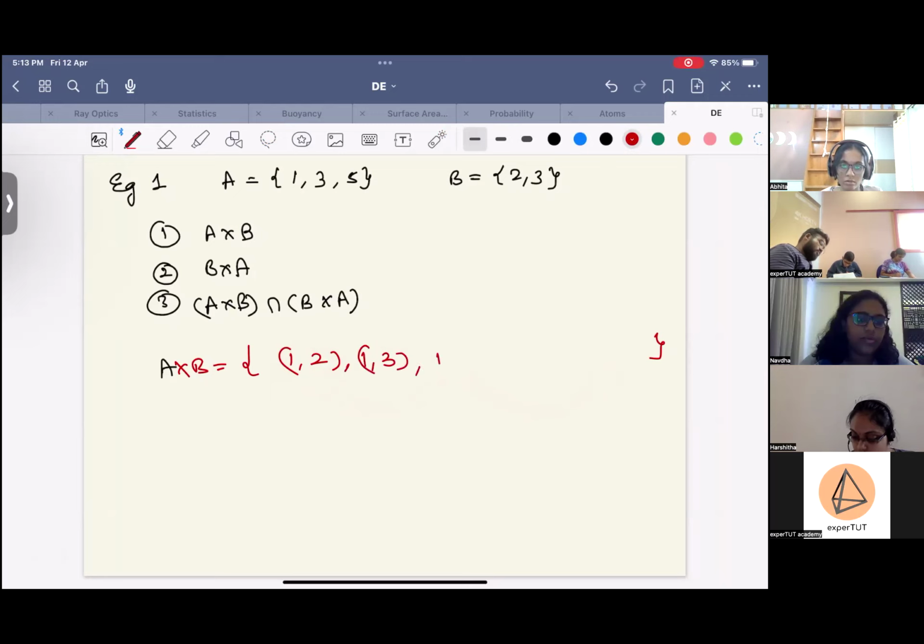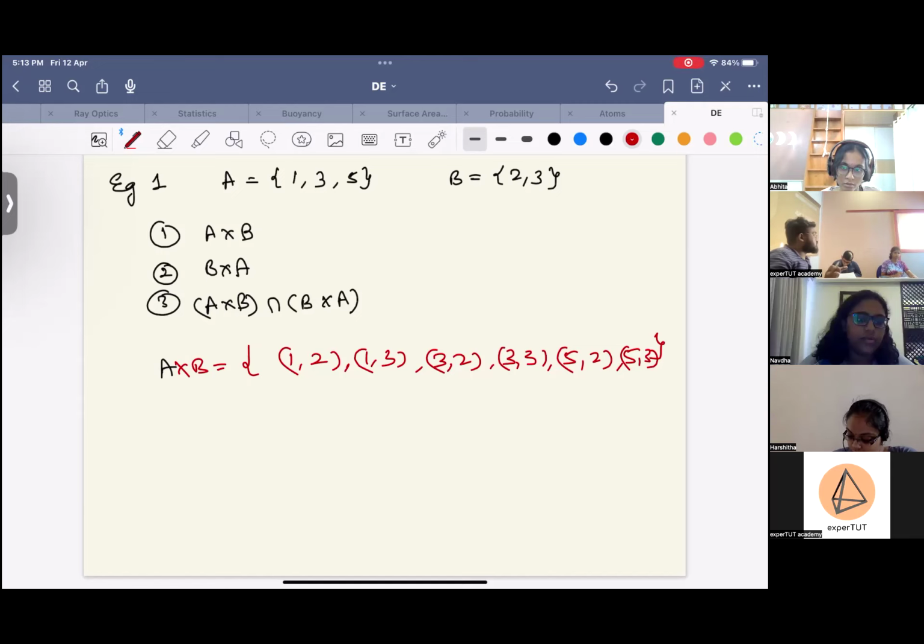1, 3, 1, 5. What am I writing, I wrote it reversed. 1, 2, 1, 3, 3, 2, 3, 3, 5, 2, 5, 3. Set A does not have 3, 5.